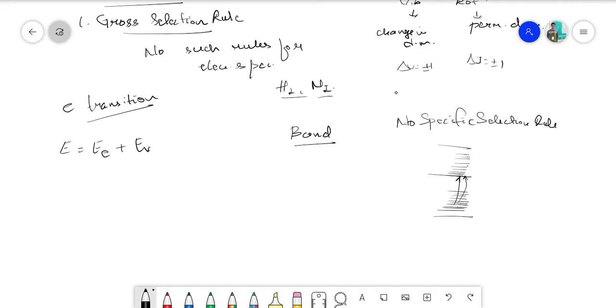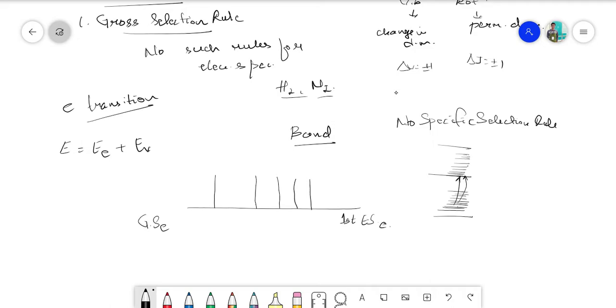Okay. Now, let's say the transitions are something like this. Let's say this is one peak, this is another peak, then the peaks are coming closer. All of these are for the ground electronic state to the first excited electronic state, and in between they have different vibrational states.